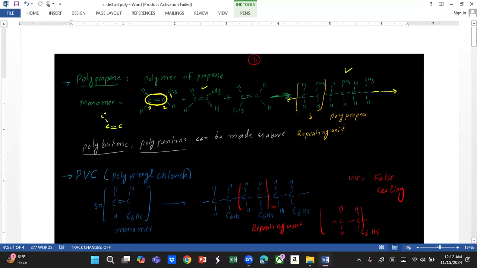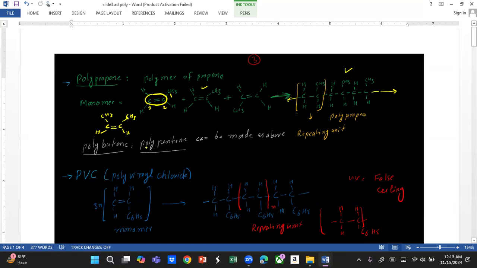Just put CH3 here, CH3 here, hydrogen here, hydrogen here. This is butene. Just remove the double bond and you see the pattern on the top of these two carbons. In the case of polypropene, the pattern is like hydrogen, CH3, hydrogen, CH3. But in this case, the pattern will be all the CH3 at the top.